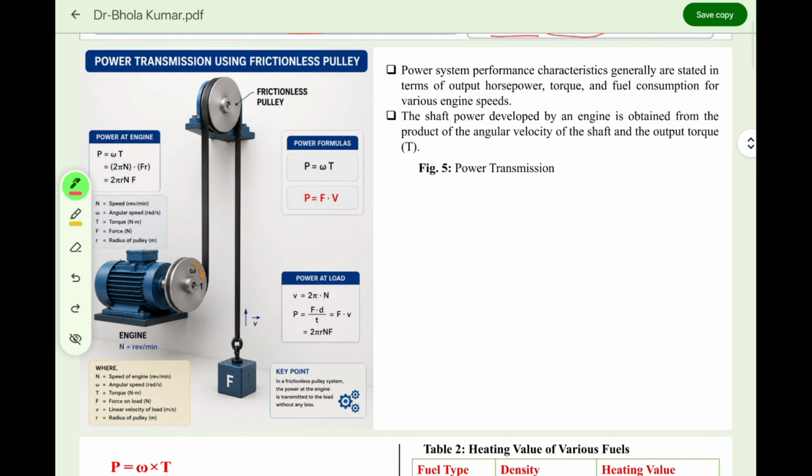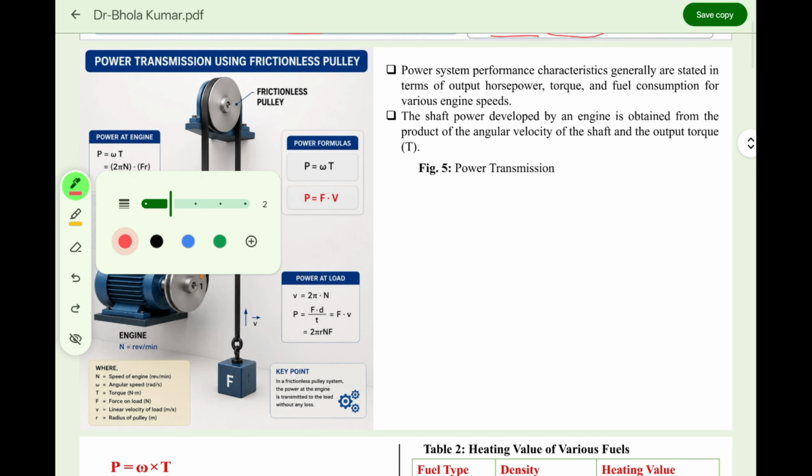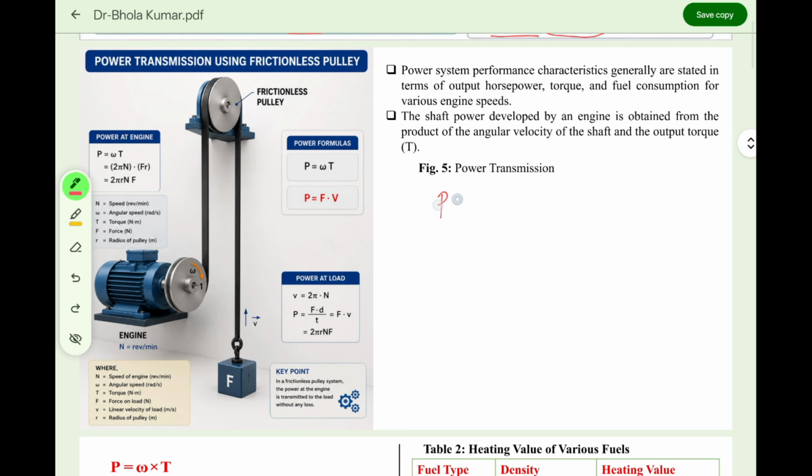If you talk about the definition of power, power can be written as force times velocity, and velocity can be written as distance by time, right? But this formula is valid for linear motion, and here we have circular motion.